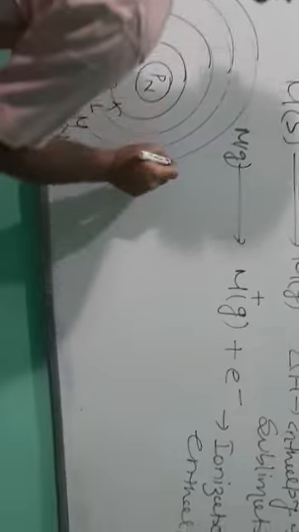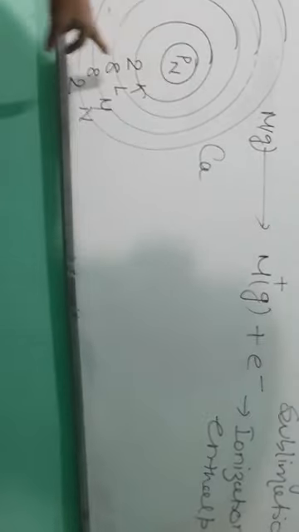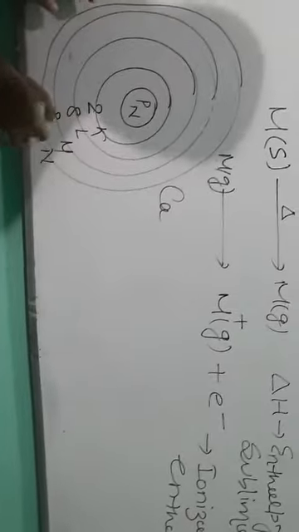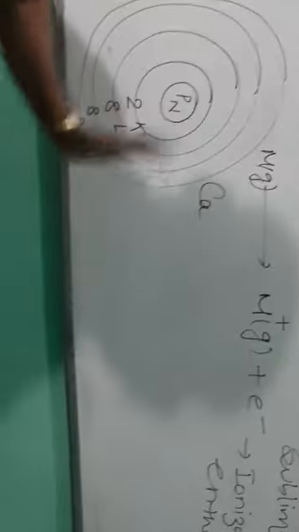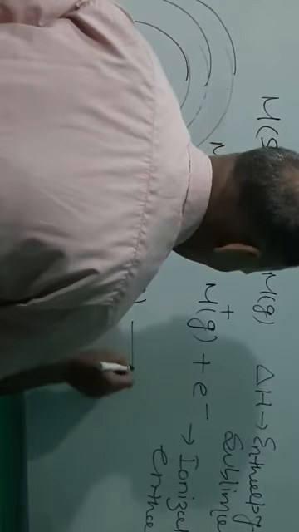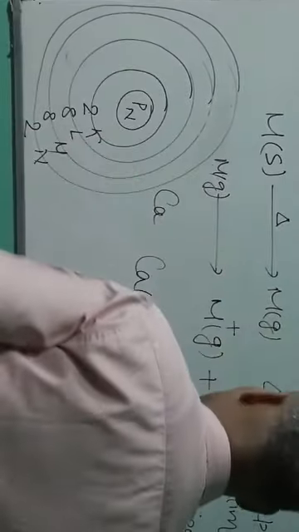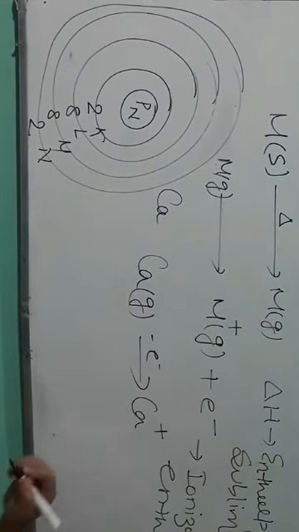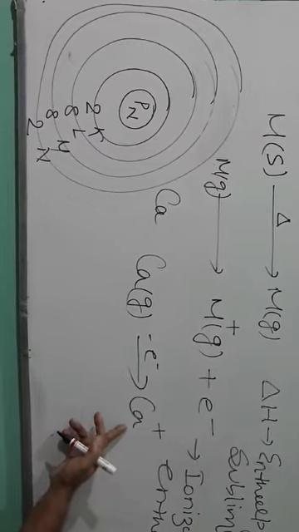Now we are talking about the calcium metal. In the K shell there are 2 electrons, L shell 8 electrons, M shell 8 electrons, and N shell 2 electrons. After losing one electron from calcium, it becomes calcium ion with 1 unit of positive charge.